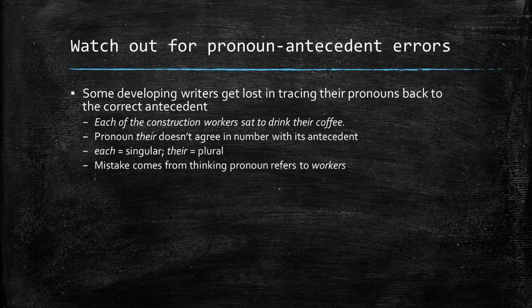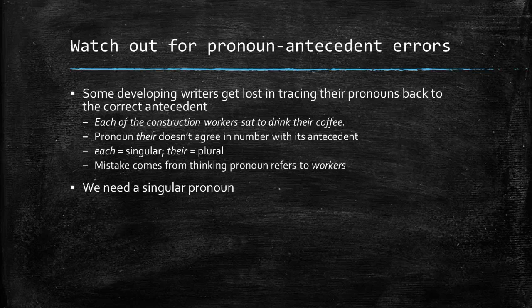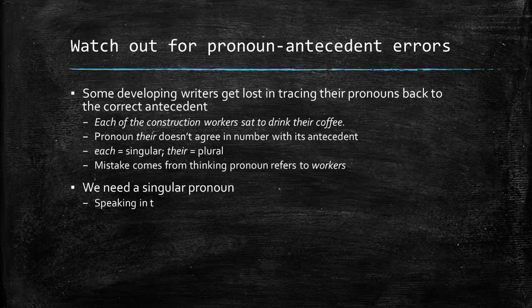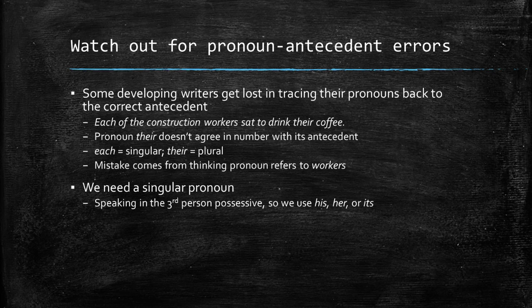The mistake here comes typically from thinking the pronoun refers to workers, but workers is part of that prepositional phrase of the construction workers, and that whole phrase is actually going back to modify each. Okay? So in this sentence, we need a singular pronoun. Their is plural. We need a singular pronoun. We're speaking in the third person possessive, so we know from our chart that we need to use his, her, or its.